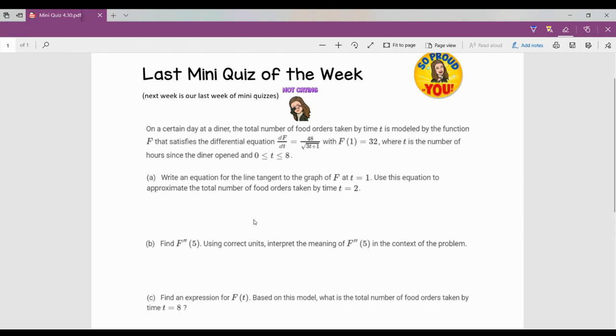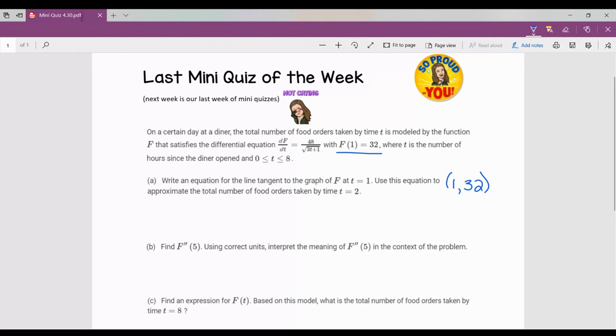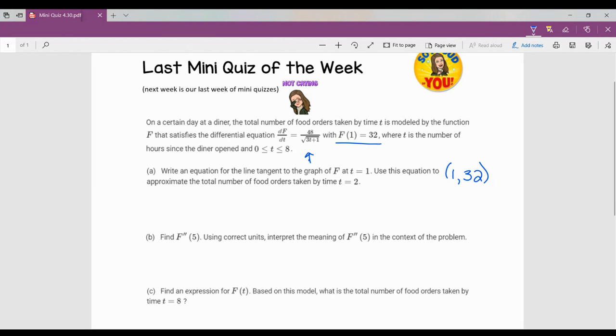We need two things for an equation of a line tangent. We need a point and we need the slope. So my point is 1 comma, and then I look at my setup and it tells me it's 1 comma 32. And then my slope is the derivative, which I'm given in my setup.